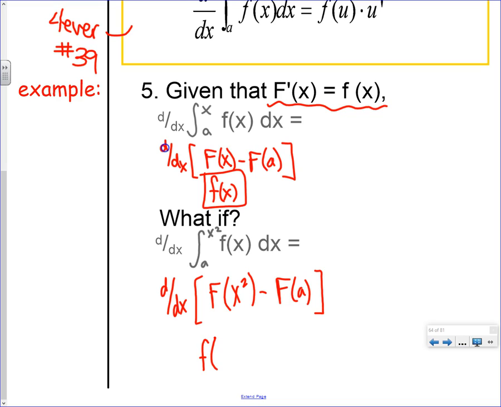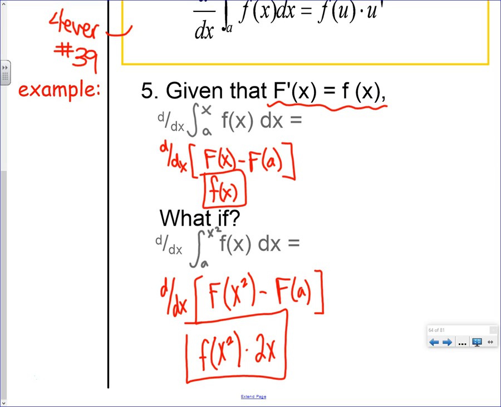Keep the inside. Why do I have to do a u prime? Because the derivative of the inside is 2x. I need the chain rule, right? And then minus, what's the derivative of the constant? 0.